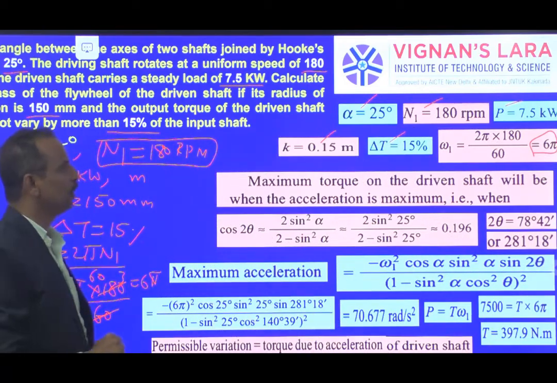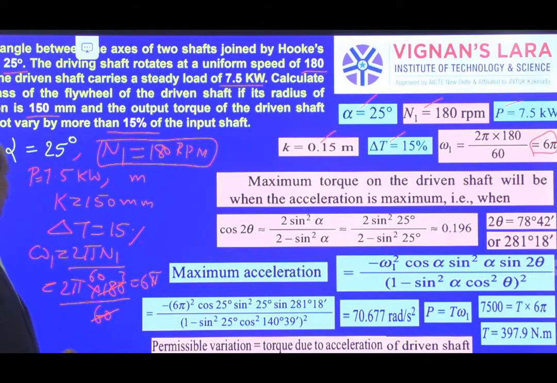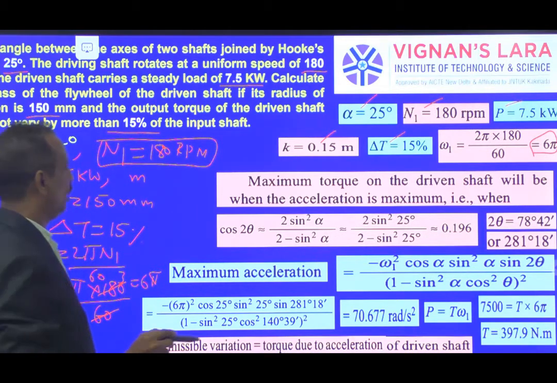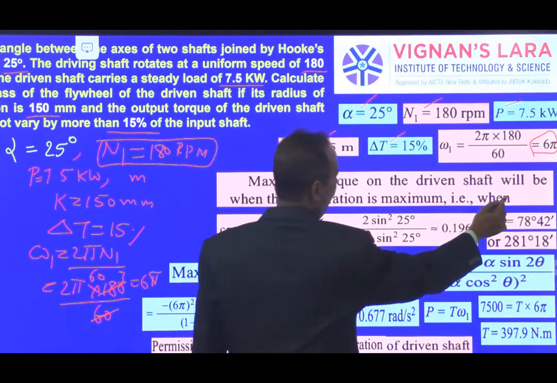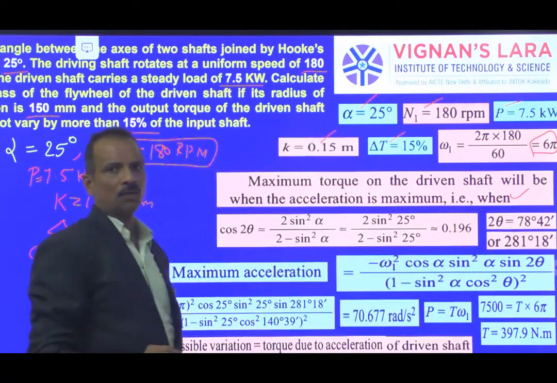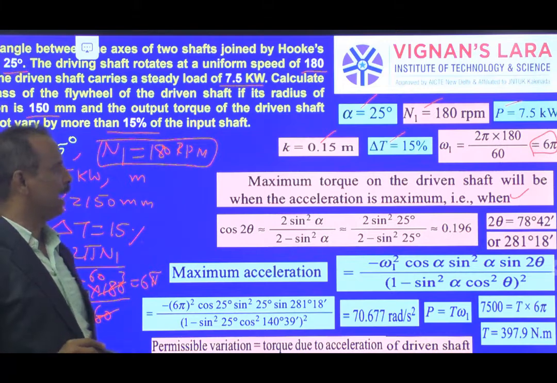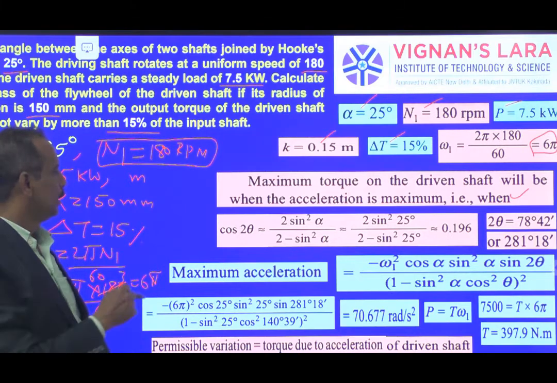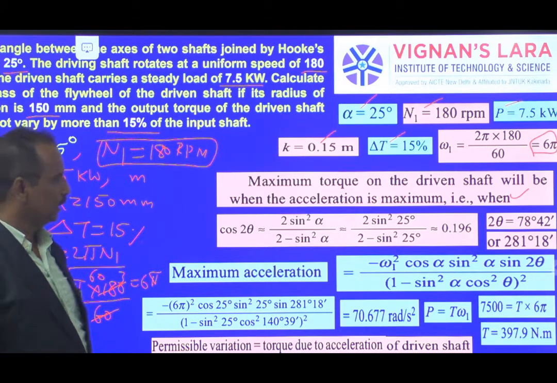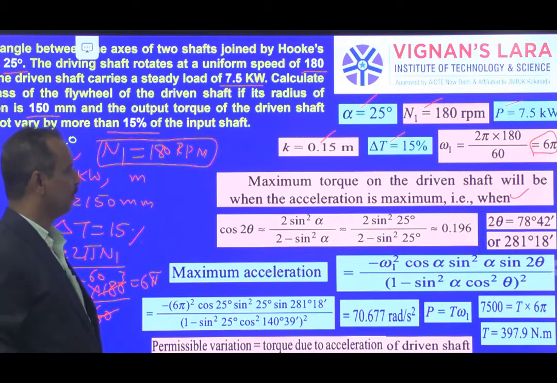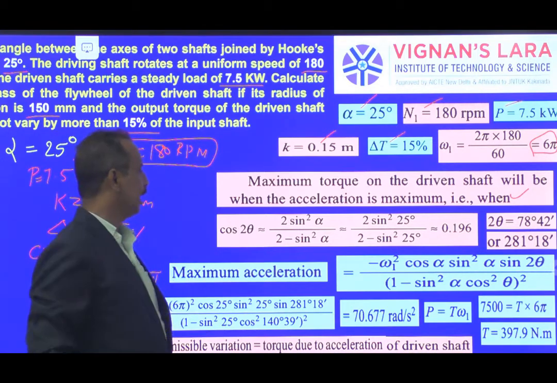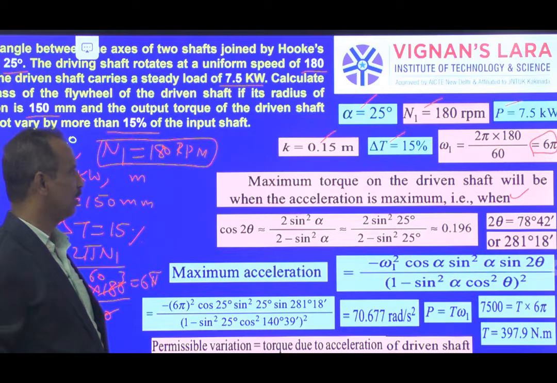Omega 1 is 2 pi n1 by 60, isn't it? That is 6 pi. Then the maximum torque on the driven shaft will be when the acceleration is maximum. So when you have maximum acceleration, cos 2 theta, as in the previous problem, is 2 sine square alpha by 2 minus sine square alpha.